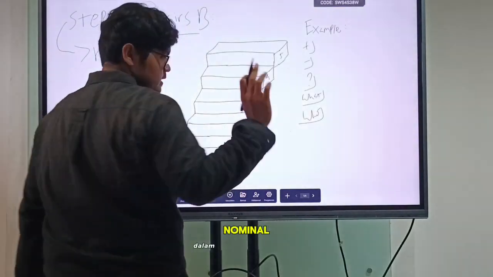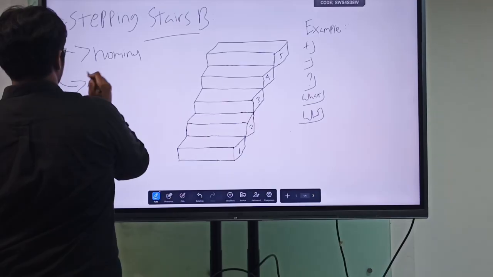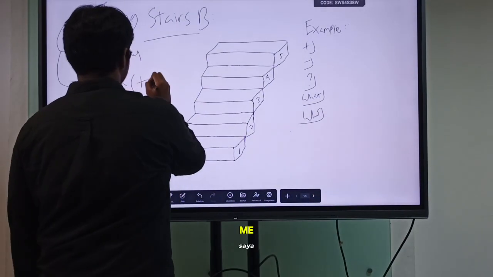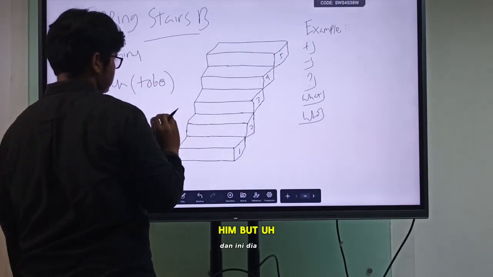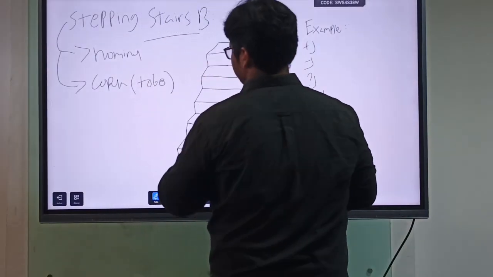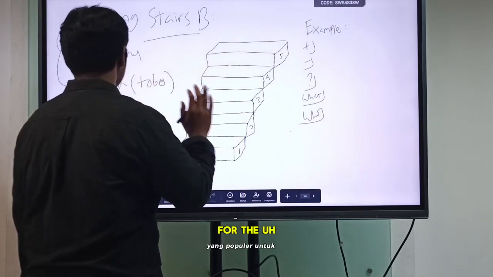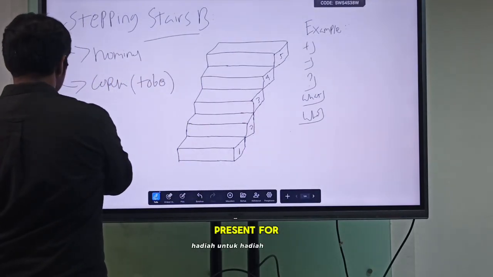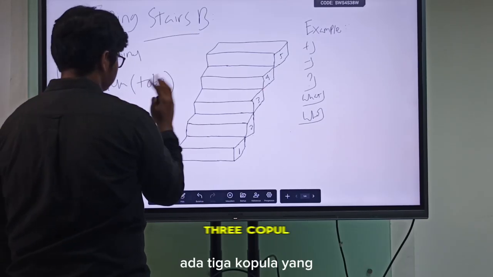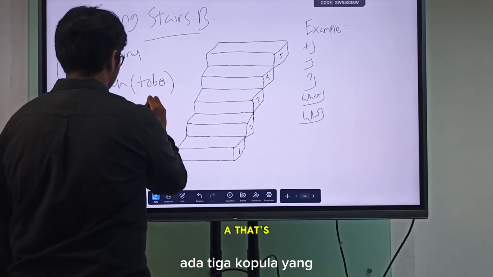Okay. In the nominal sentence, because it explains the subject, there is a copula. Copula you always mention as to be. Many people know to be, not copula, but the copula for the simple present has three forms: I am, are, and is.